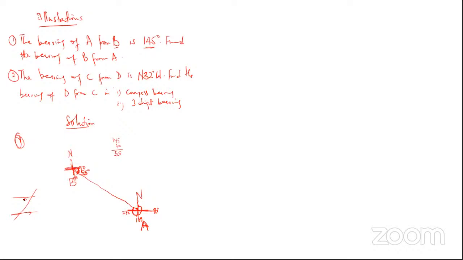How do we form that? You can just carve the Z that you can see here. Carve the Z out. This is the Z. So this angle and this angle are alternates. We call them Z angles.